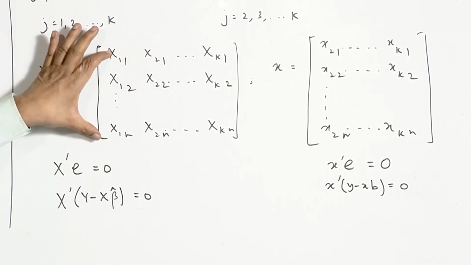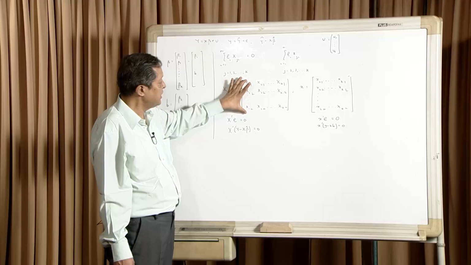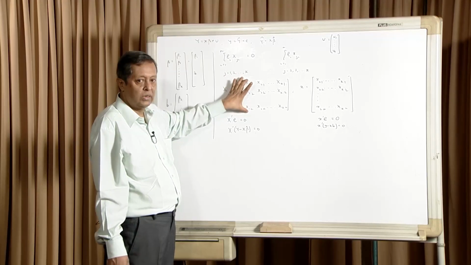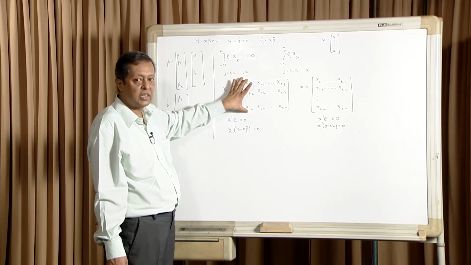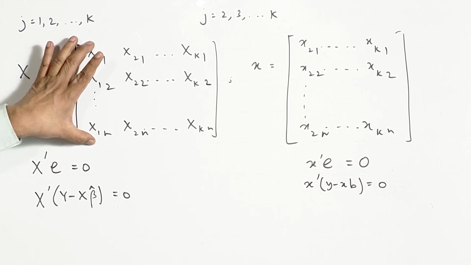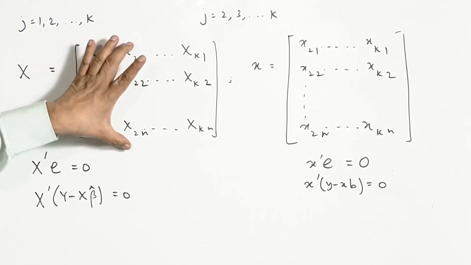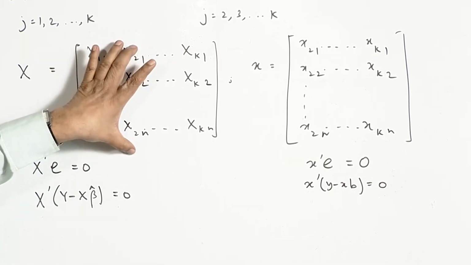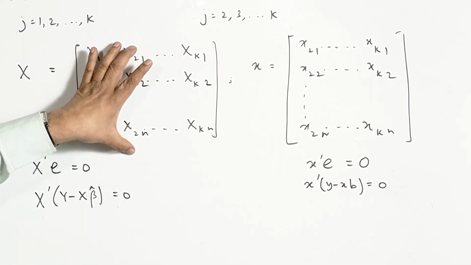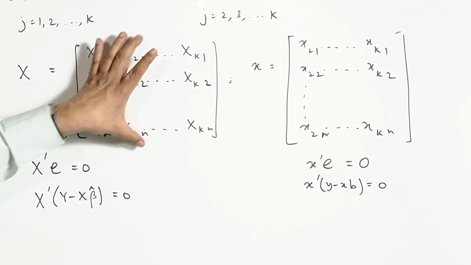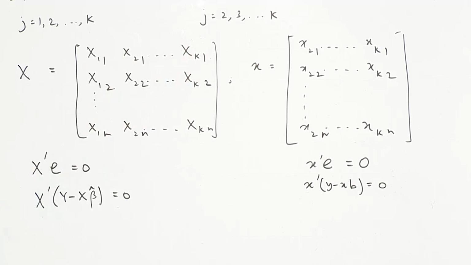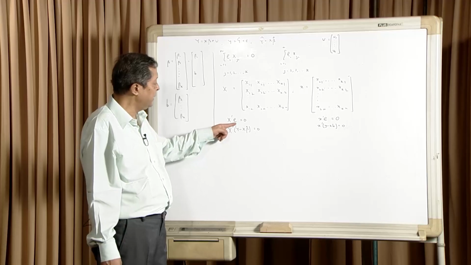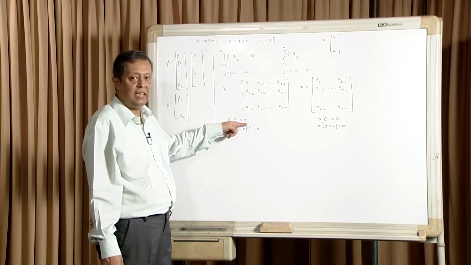That means the first column becomes the first row. If you multiply this with the corresponding e_i, it becomes summation e_i x_1i equal to 0. If you multiply this transpose times e, it becomes summation e_i x_2i is equal to 0, and on to e_i x_ki equal to 0. So, in matrix form we write it as X prime e equal to 0.